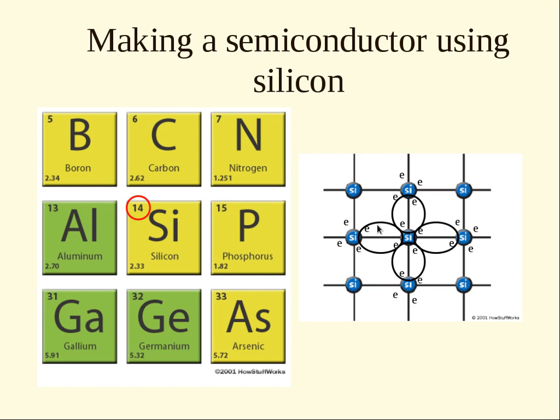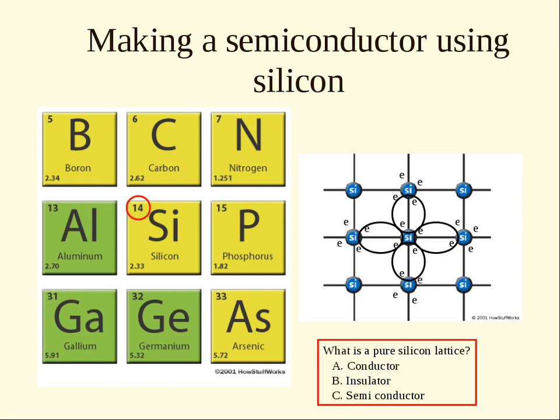It makes it easy for those 4 electrons to swap. Notice that it's a 14, so while it has 14 of them, only 4 of them are swapping. All right? We're good so far. So which one is this? Semiconductor, because it doesn't have free electrons, and it also isn't holding tightly to its electrons, so it's a semiconductor.